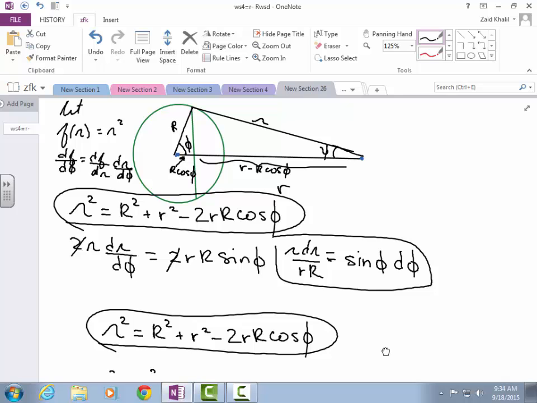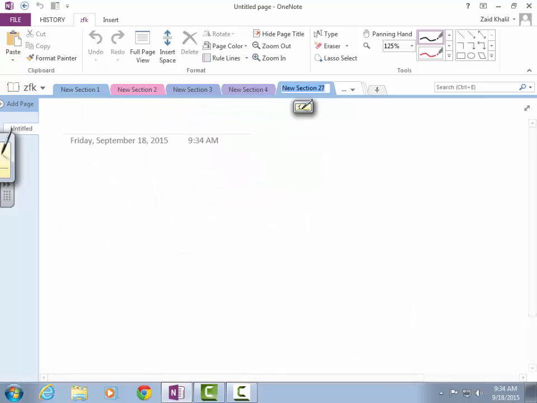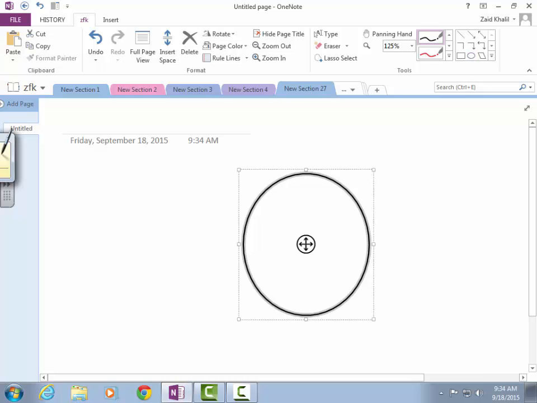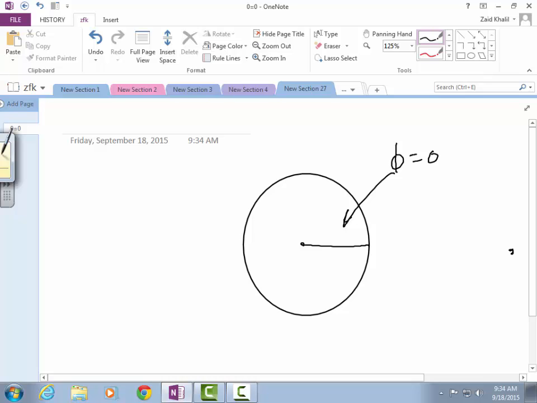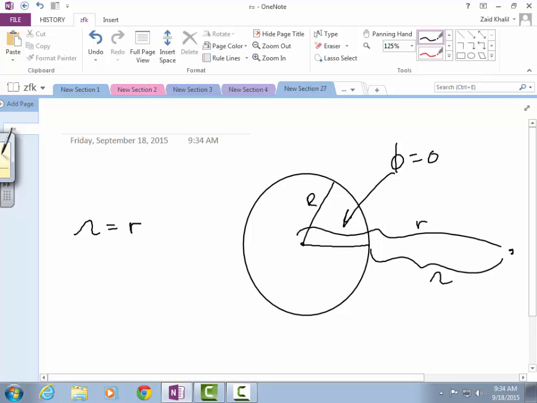So let's look at what script r equals at phi equals 0. Let me redraw it. This is phi equals 0. Script r would be this distance, correct? No, be careful. That's little r. So when phi equals 0, script r is equal to r minus r.